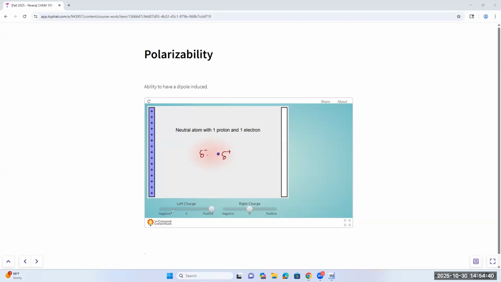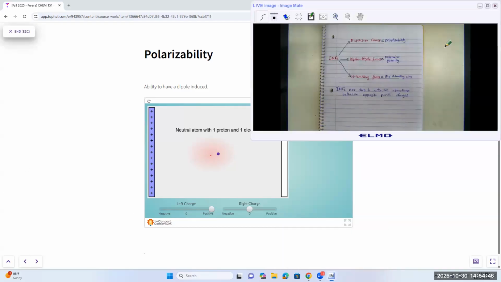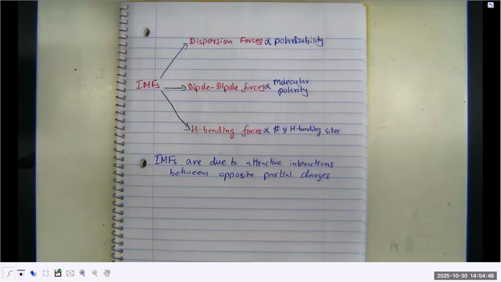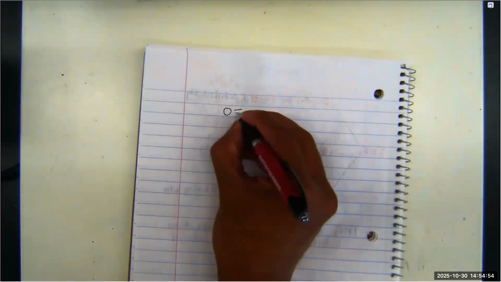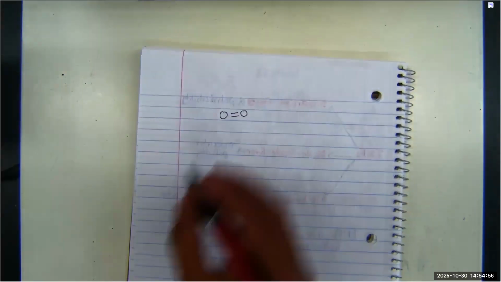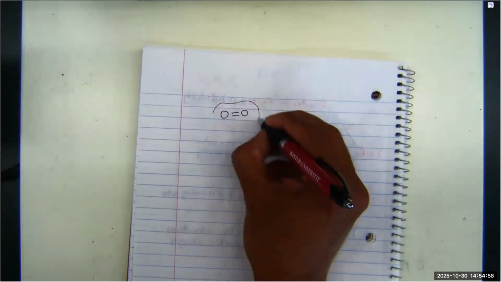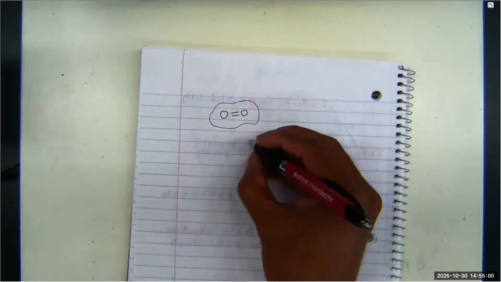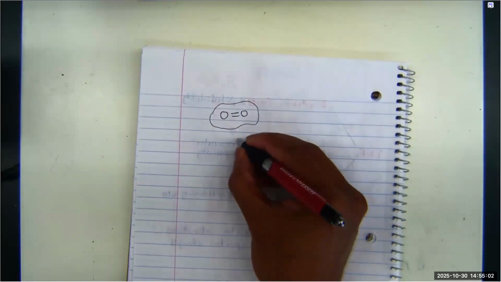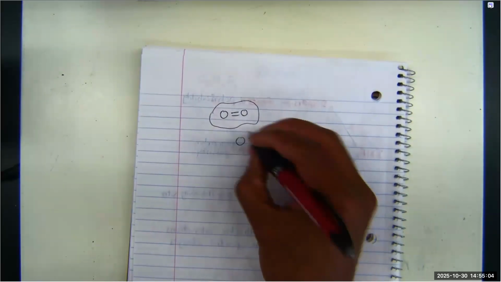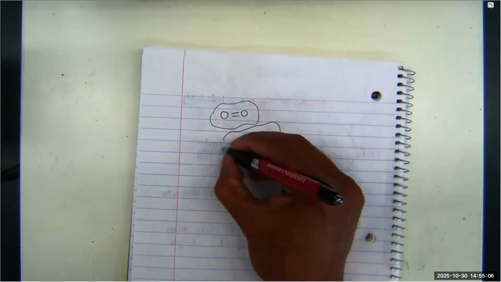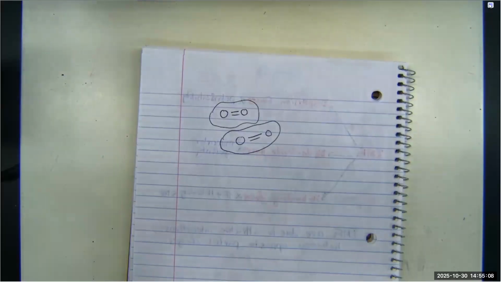Now, how do we draw that? I'll draw that and then I'll take your questions if you have any. So here's what I would do. I would go to an oxygen molecule. Let me take a new page. Here's one of my oxygen molecules, and here's its electron cloud. And here's another oxygen molecule, and here's its electron cloud.